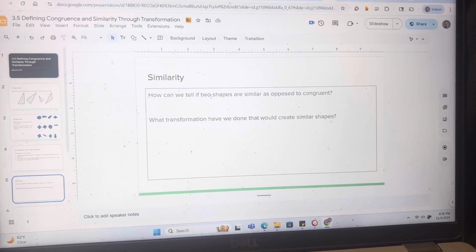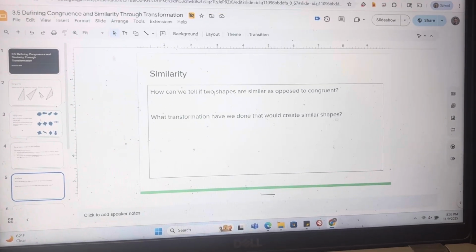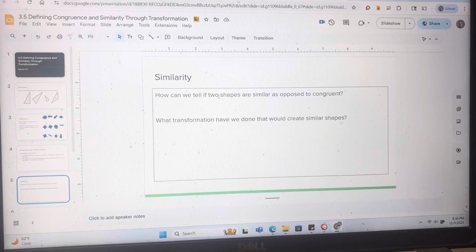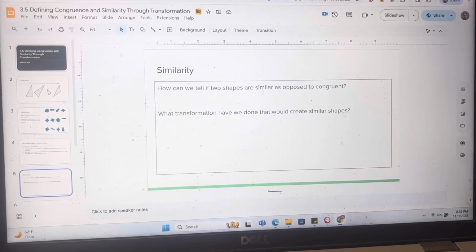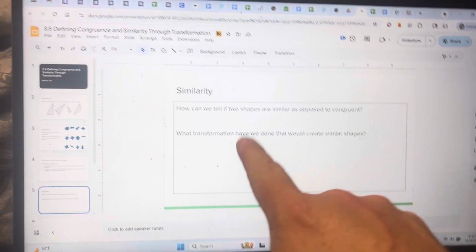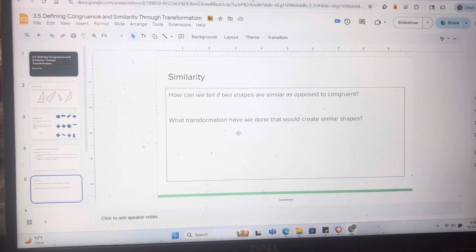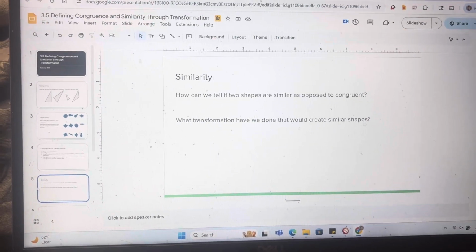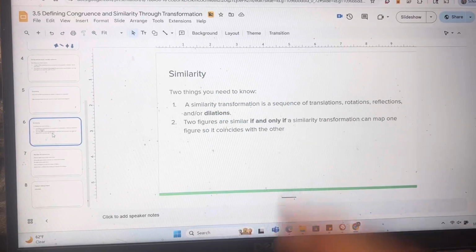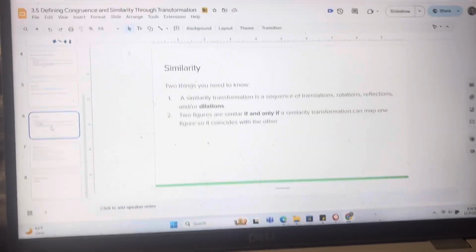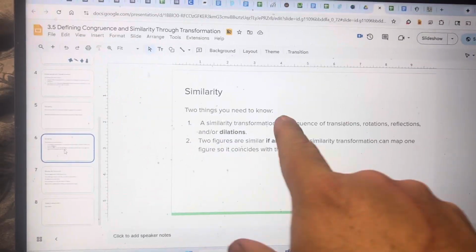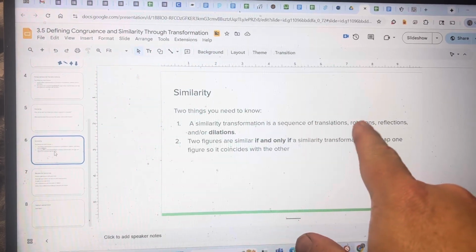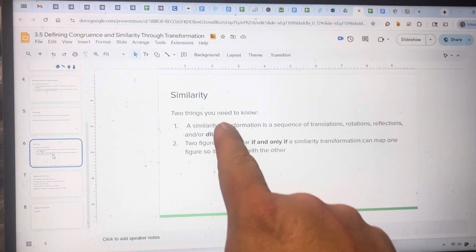Similarity, on the other hand, we remember as things that are the exact same shape, but they are different sizes. So the only transformation that would have created similar shapes would have been the dilation. These are the two things that you need to write down for similarity. Similarity is caused by a sequence of translations, rotations, reflections, and/or dilations.